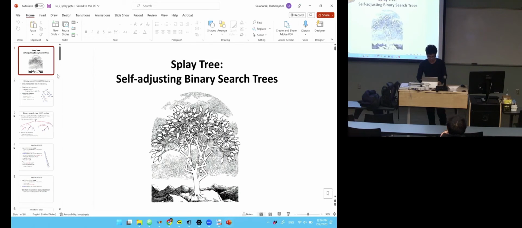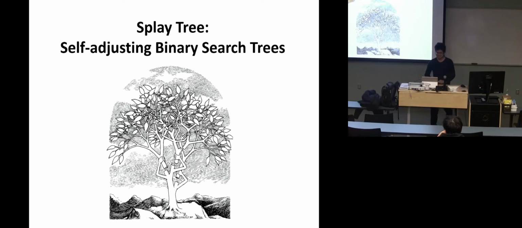And this one, the splay tree, is one of the most magical data structures, I would say, that people still don't understand fully up to now, but we will see what it is. It's called a splay tree, also called self-adjusting, one of what is called self-adjusting binary search trees.